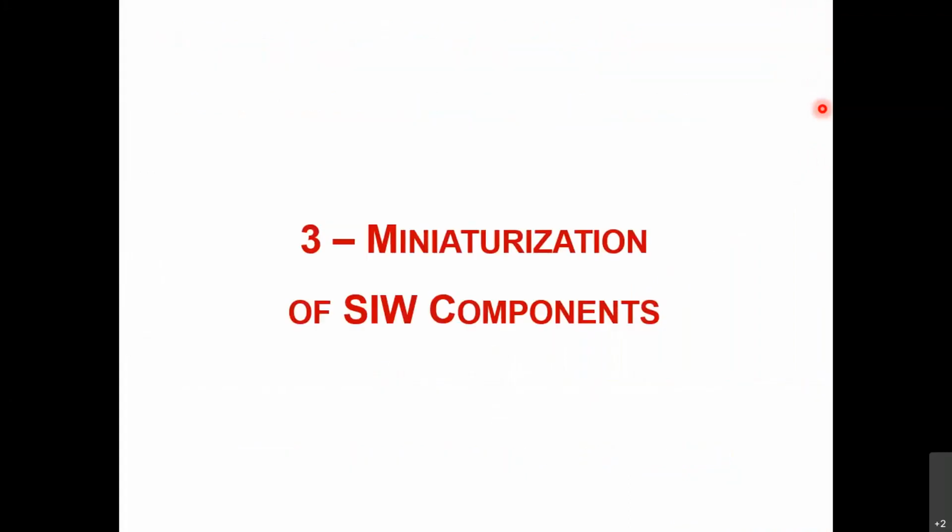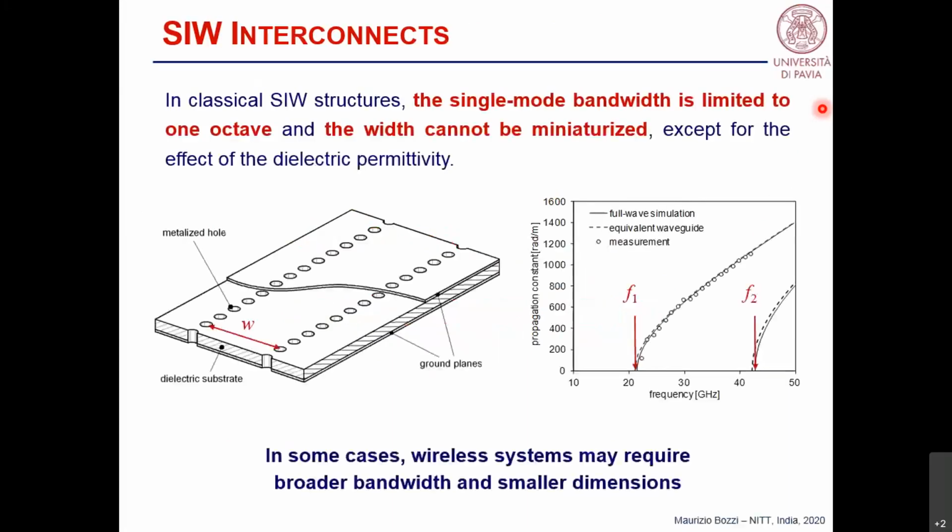But let's try to see what we can do with SIW besides the traditional translation of waveguide components into SIW components. One of the major aspects that attracted academic and industrial research in the last few years is miniaturization. And the reason is quite simple. If you think at just a straight interconnect in SIW technology, you have a waveguide.